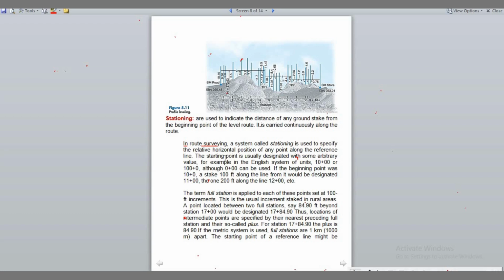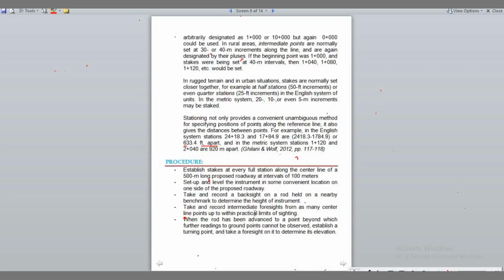The starting point is usually designated with some arbitrary value. For example, in the English system of units, 10 plus 00 or 100 plus 0, although 0 plus 0 can be used. I would like you to read this statement when I upload these notes. So let me shortcut again what stationing is.